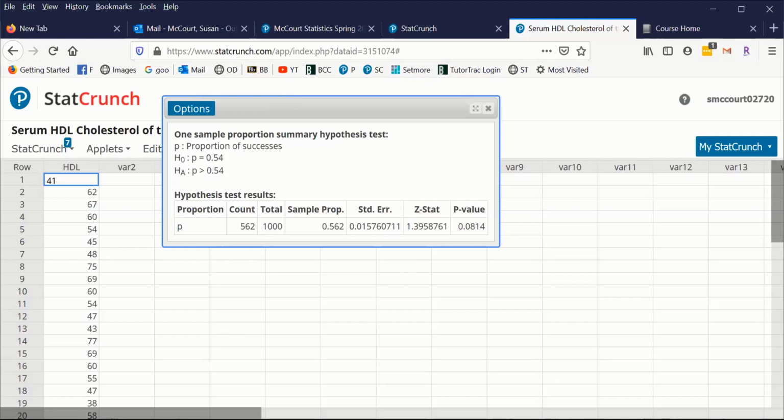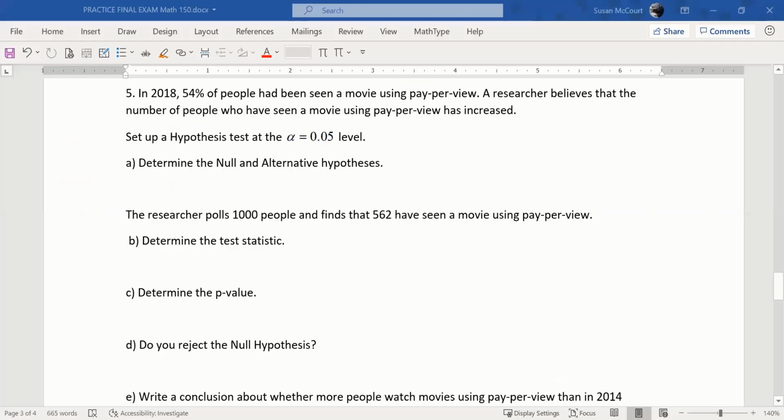So when I go back, my test statistic z equals 1.40.